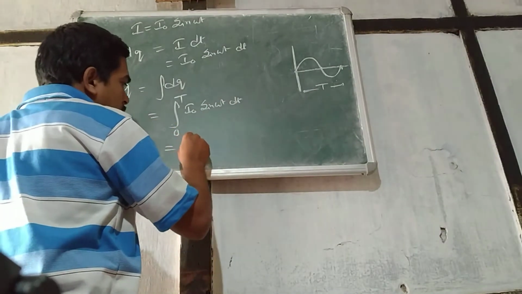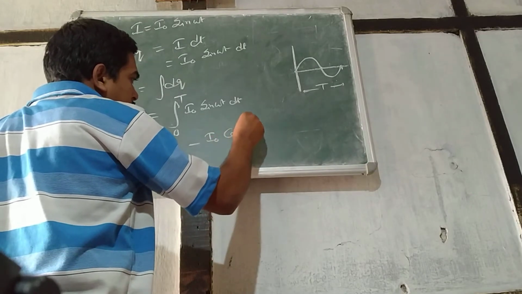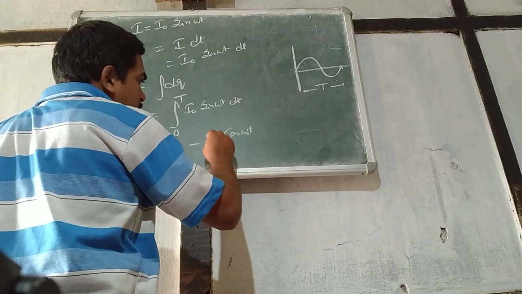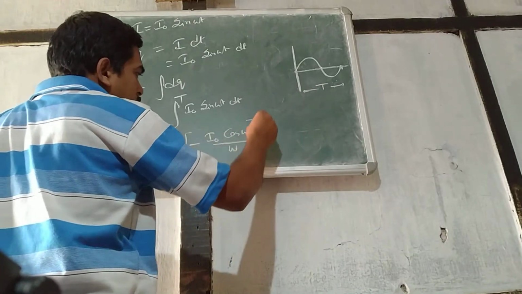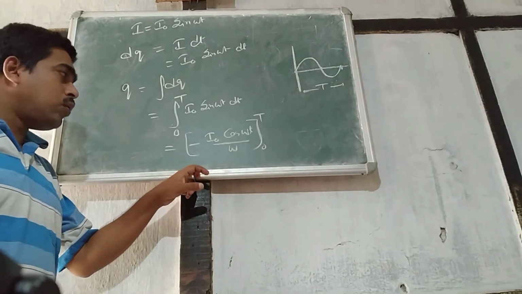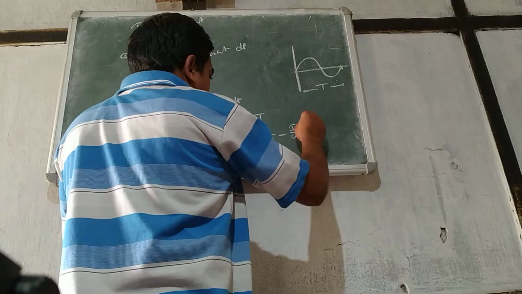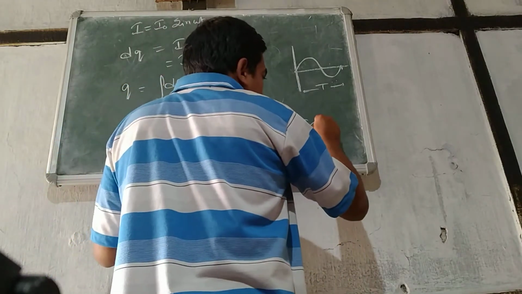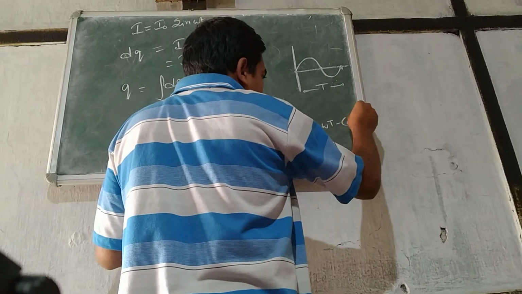This will be minus I naught cos omega t by omega, from 0 to T. Now this is minus I naught by omega times cos omega t minus cos 0.